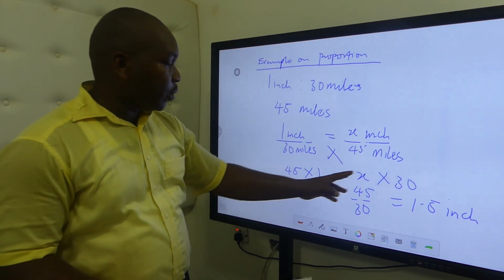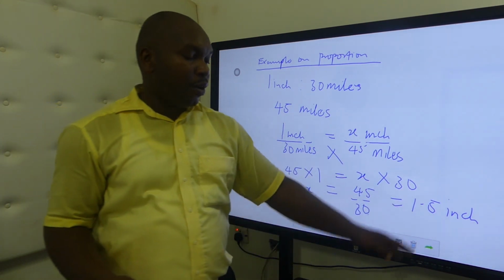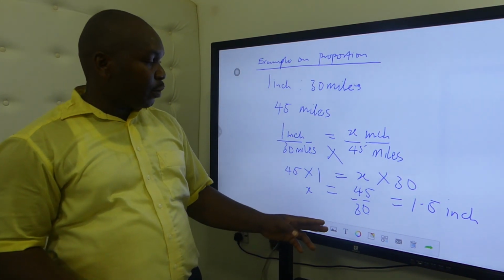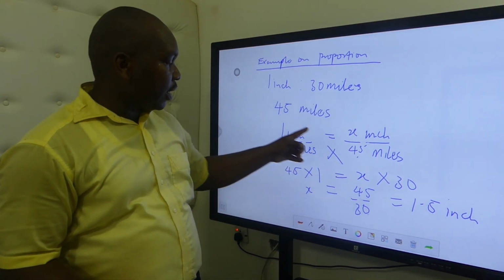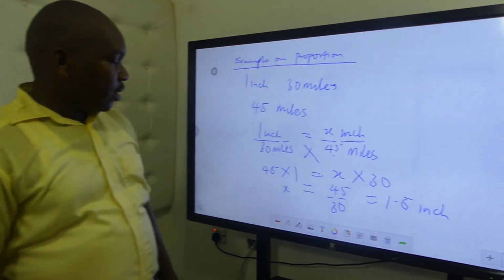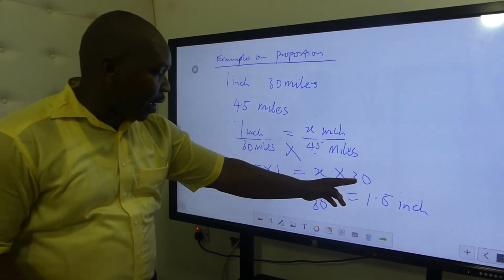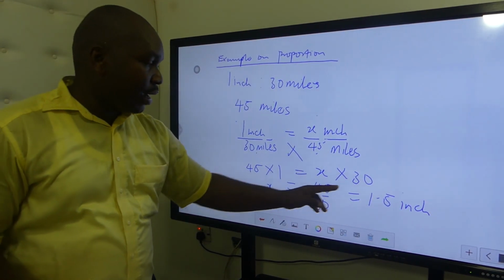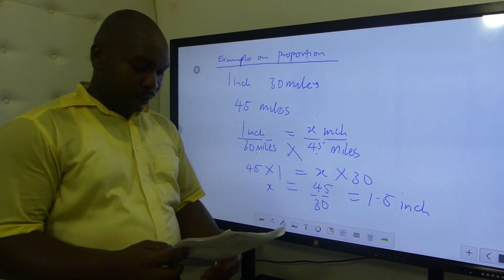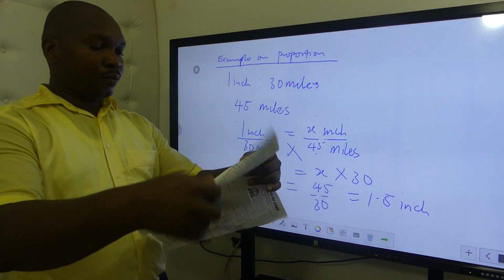Then when you do the cross multiplication, you have 1.5 inch. Cross multiplication means this one will times this one, and this one will times this one. Then you now divide by 30 so that you make x the subject of formula to get your answer. Okay.